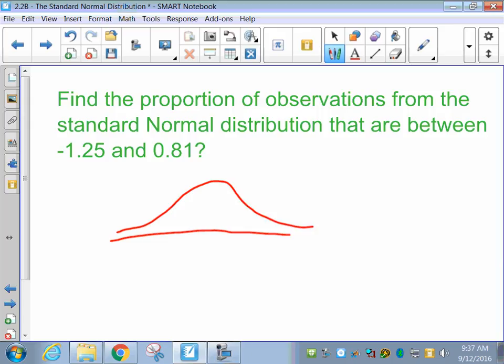Again, normal distribution always means we've got a mean of 0 and a standard deviation of 1. So -1.25 is about here, and 0.81 is about here, and we're going to shade in between.